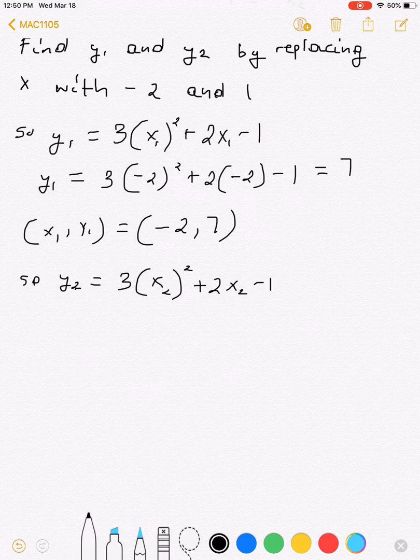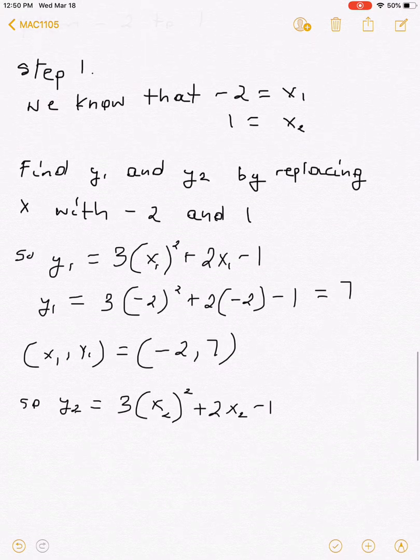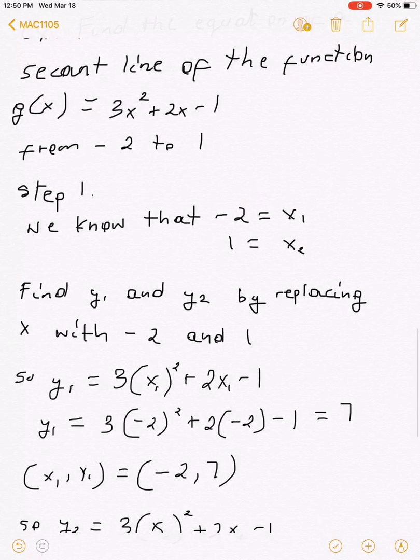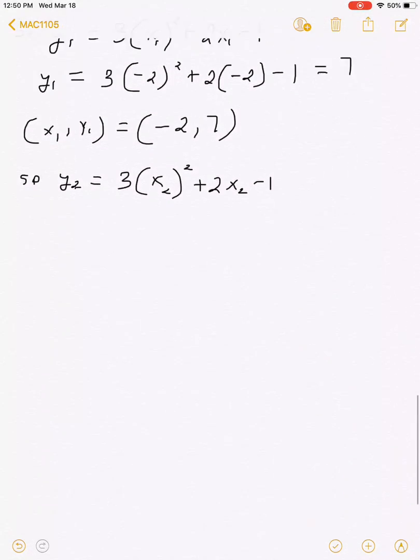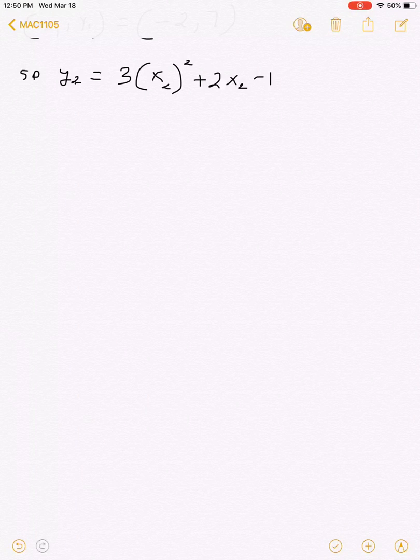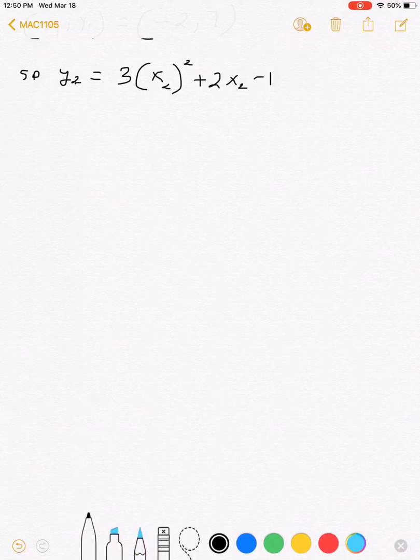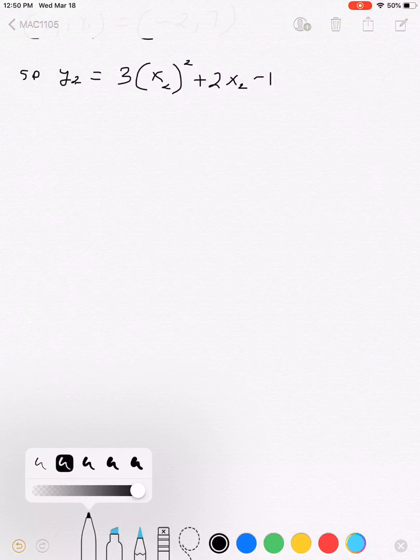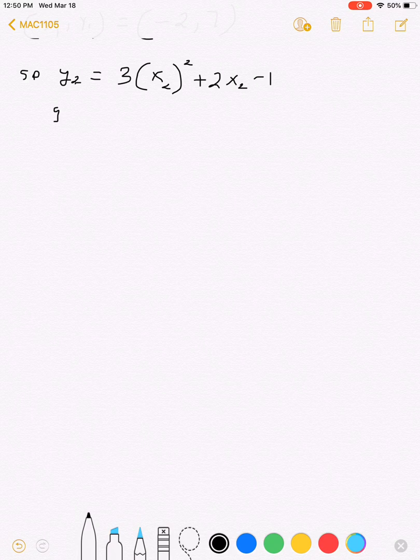Going back to that problem, x2 is just equal to 1. Okay, so what do we have? We have y2 equal to 3 times x2, which we replace with 1.